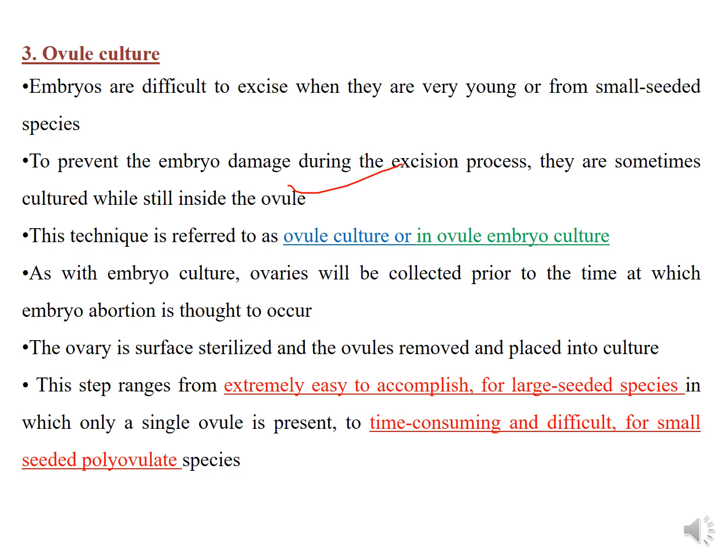As with the embryo culture, ovaries will be collected prior to the time at which embryo abortion is thought to occur, because we have to collect the embryos before the embryo abortion could occur. So the ovary is surface sterilized and ovules removed from this ovary are placed directly on the culture. This ovule culture may be very easy in case of large seeded species, and very difficult in case of small seeded species, and it is very time consuming.